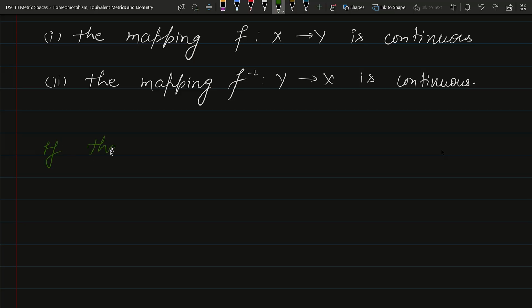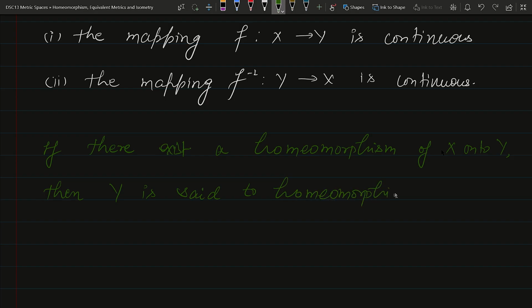If there exists a homeomorphism of X onto Y, then Y is said to be a homeomorphic image of X, or we say X and Y are homeomorphic.